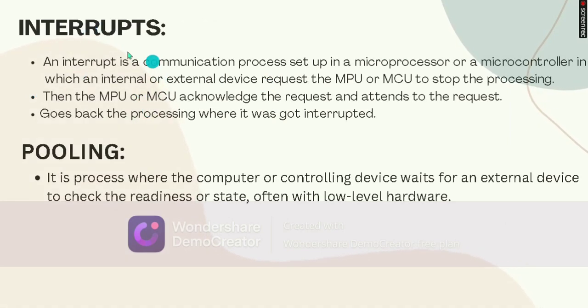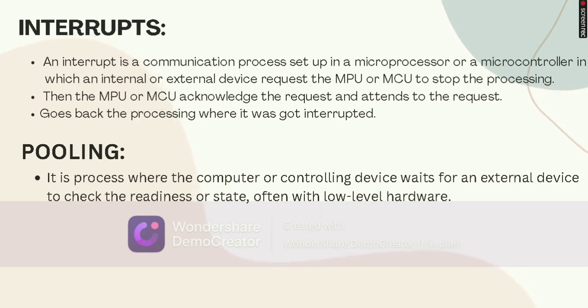So next is interrupts. An interrupt is a communication process set up in a microprocessor or microcontroller in which an internal or external device requests the MPU or MCU to stop the processing. It then goes back to the processing where it got interrupted.